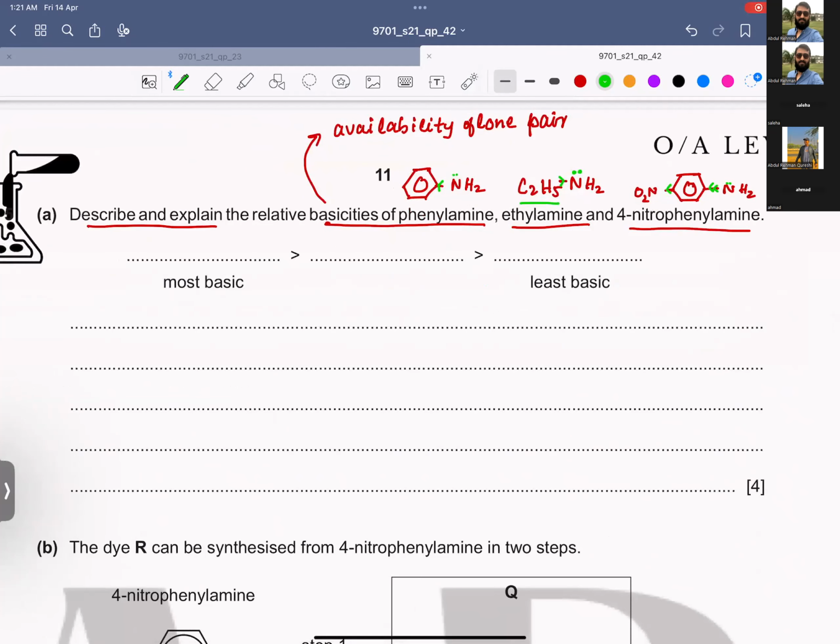So among these, I can comment that ethylamine is most basic. Phenylamine has a moderate basic strength and 4-nitrophenylamine is least basic.